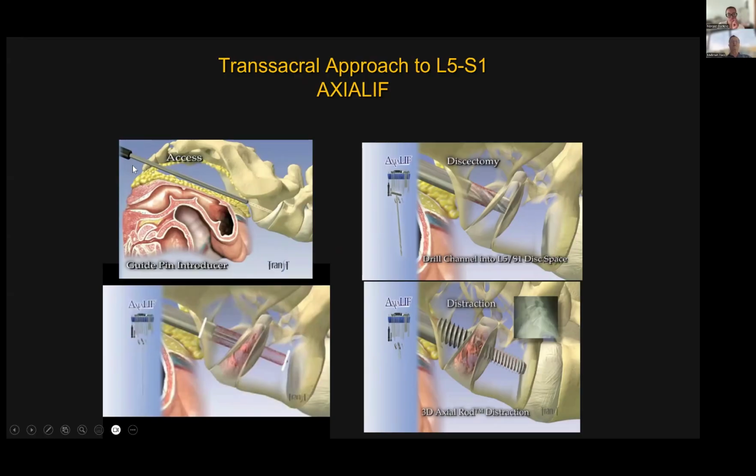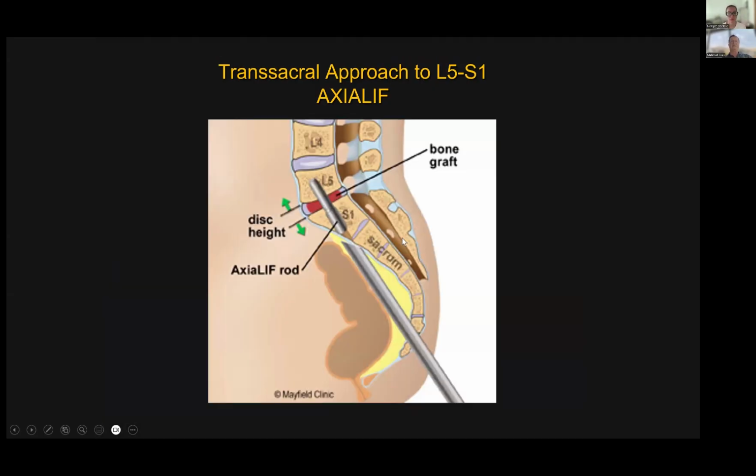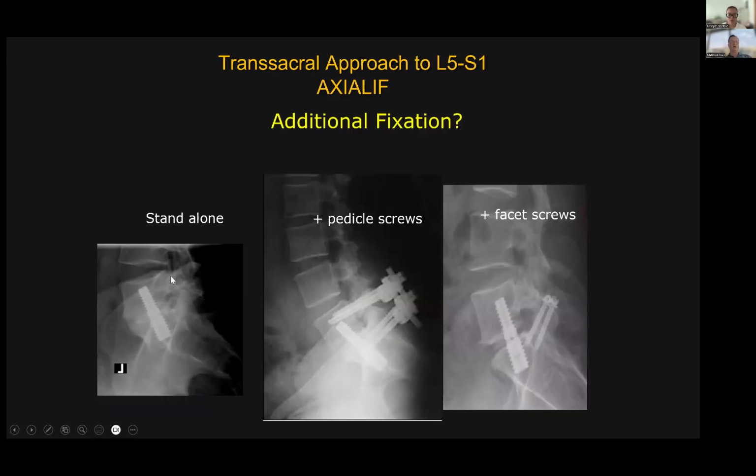I will try to describe the axial technique for L5S1, coming from the sacral hiatus, with retraction of the bowels and rectum from behind, then entering S1 and then the L5 bodies, removing some of the L5S1 disc, and then placing a so-called large threaded cage here.